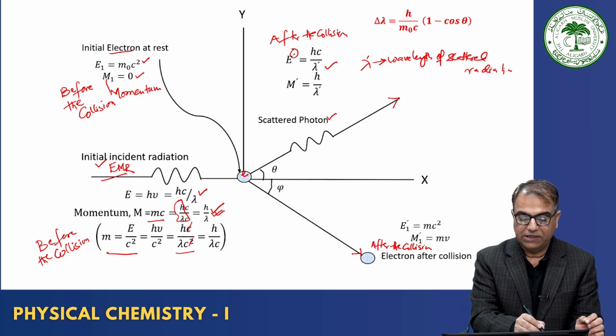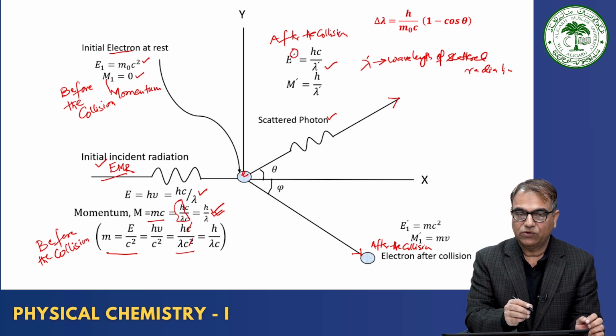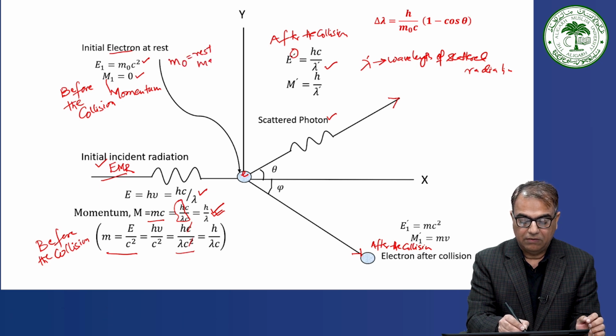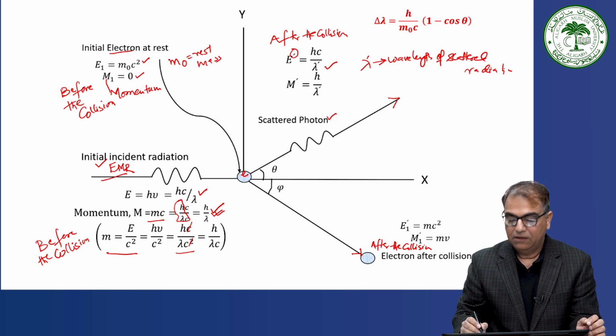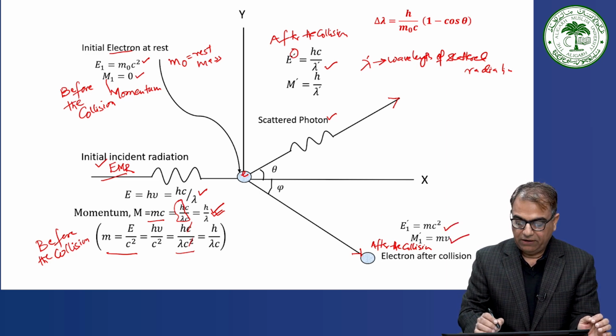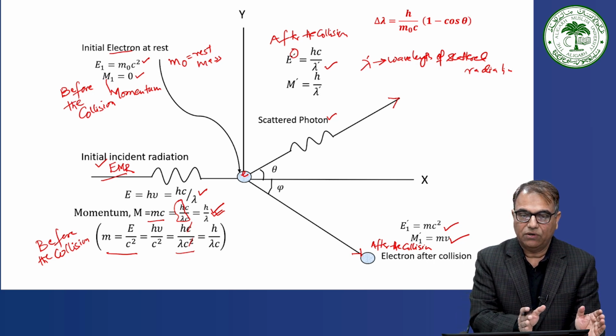This was the electron at rest, so the energy was m naught c square, where m naught is the rest mass, and m is the moving electron mass. The theory of relativity tells you that these two will be different. So E1 prime will be mc square and then mv. This is after the collision on the right hand side, and before the collision on the left hand side of the graph.